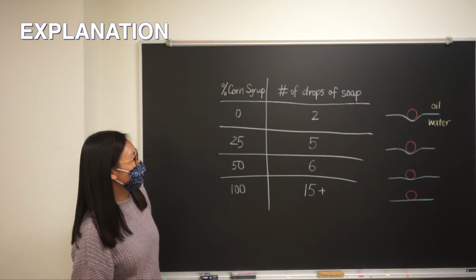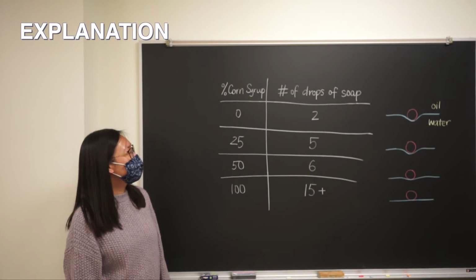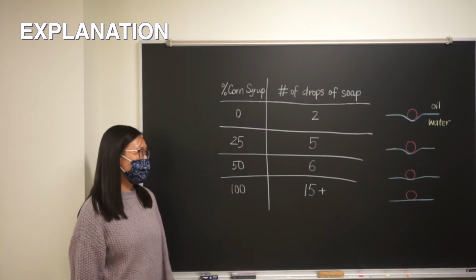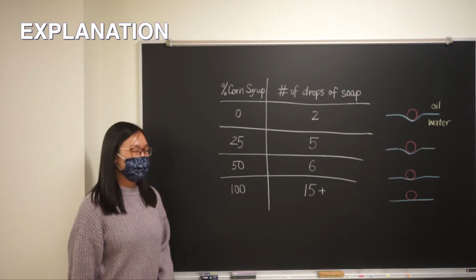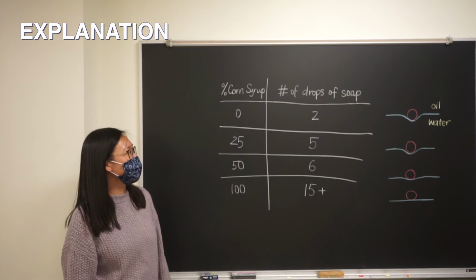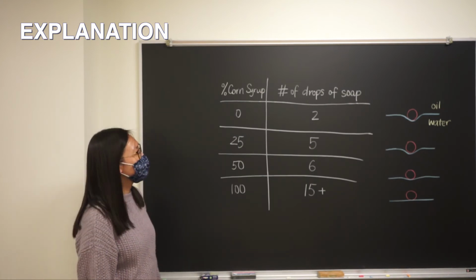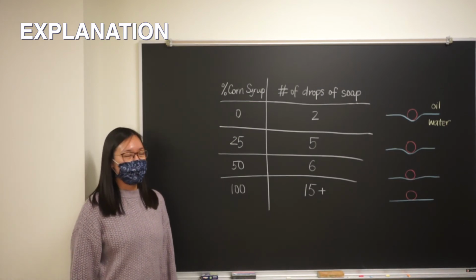On the right over there, I had a little drawing to draw your attention to the shape of the boundary between the oil and the water phase. The blue line represents the boundary. The oil phase is on top, and the water phase is below the blue line. The red circles represent your food coloring drops.